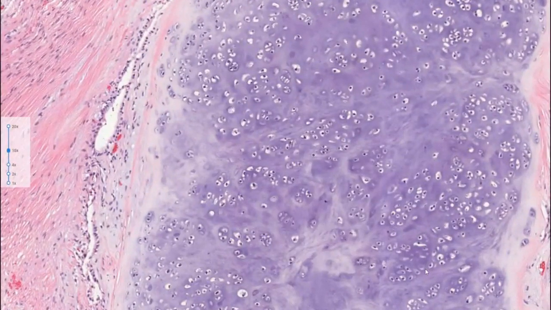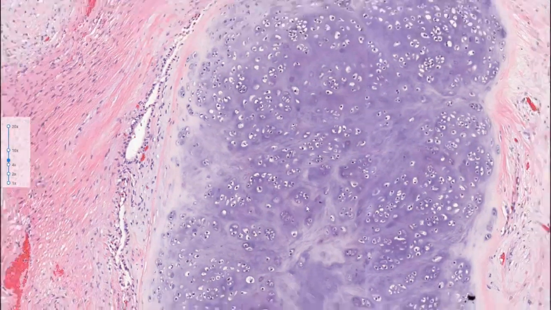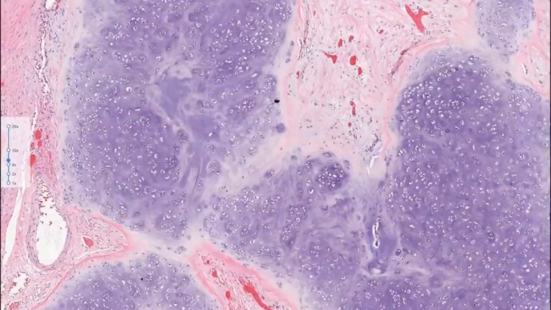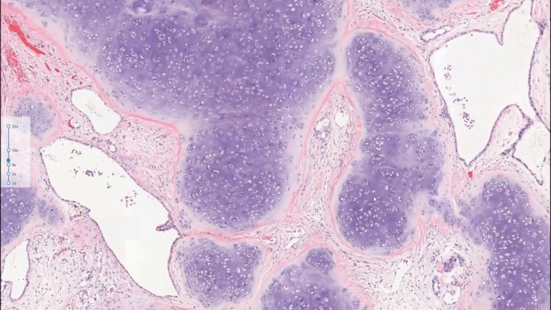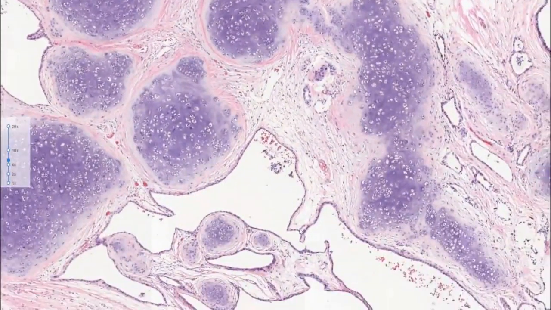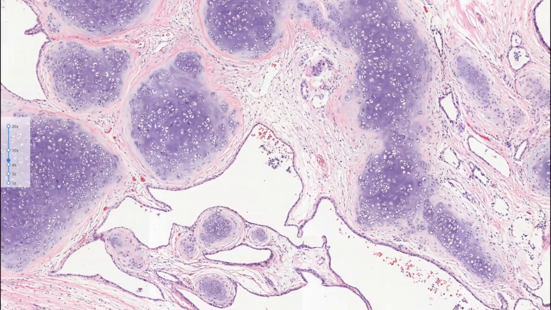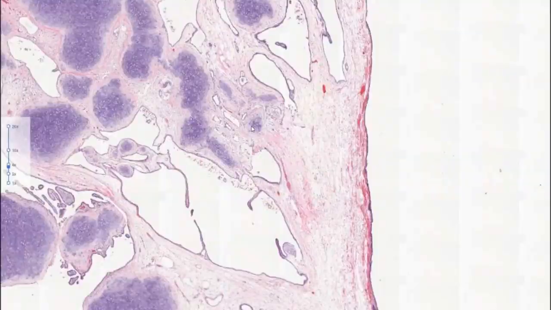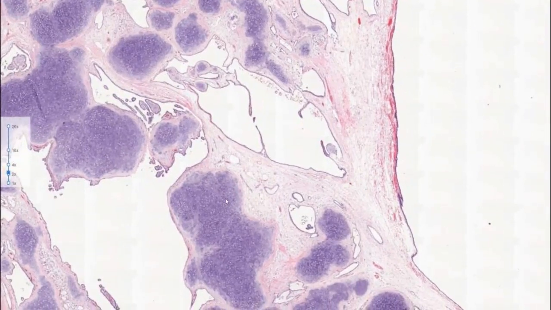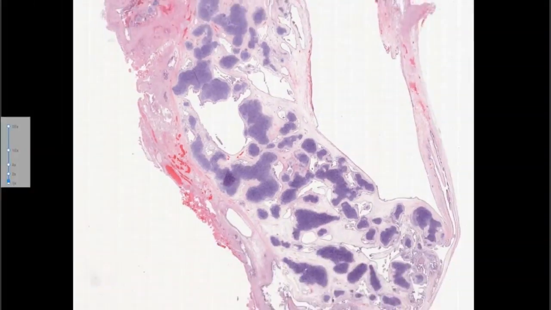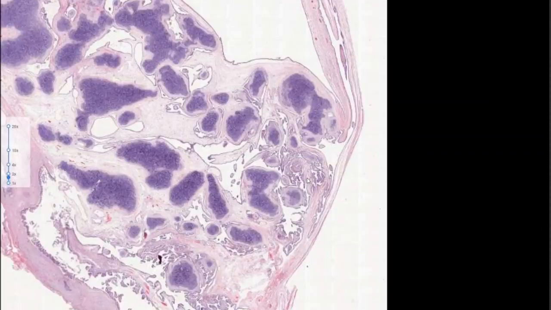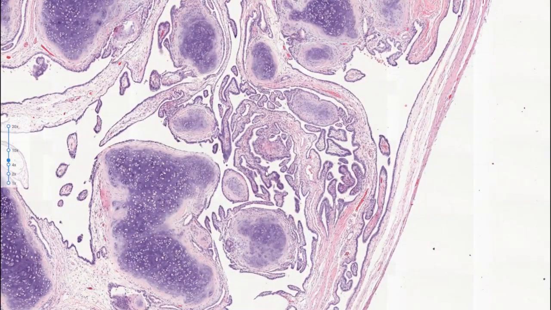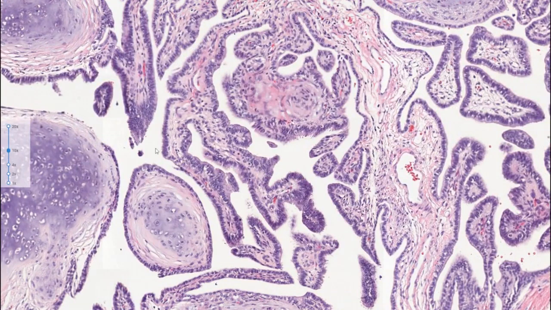That is not very atypical. You have some cell clustering, but it looks like bland, benign cartilage in association with epithelium that seems to be flat to cuboidal in areas and simple, but with tufts in other areas. And this is much more than you will see just with normal choroid plexus. So this is actually neoplastic.